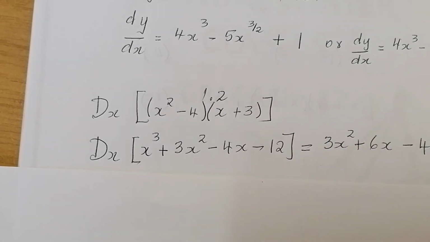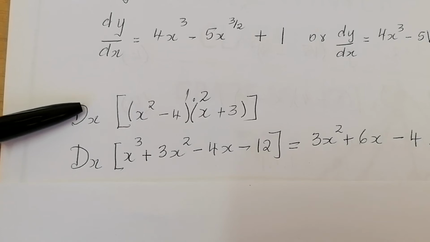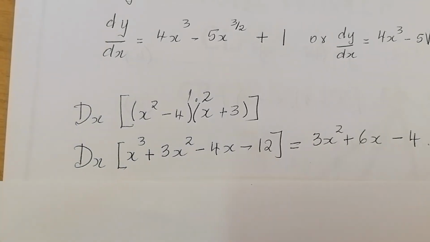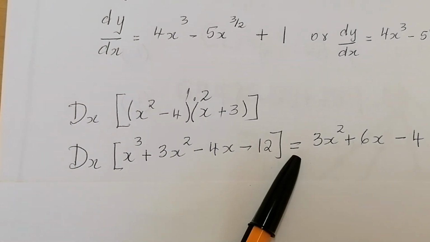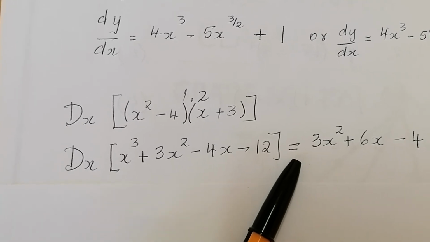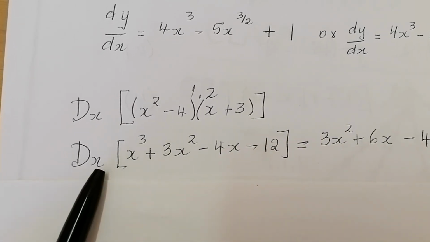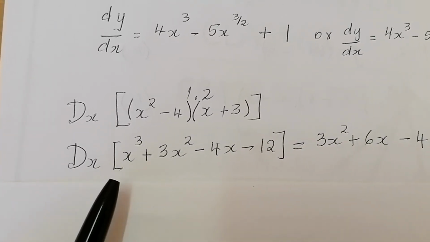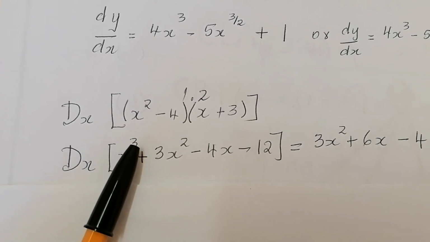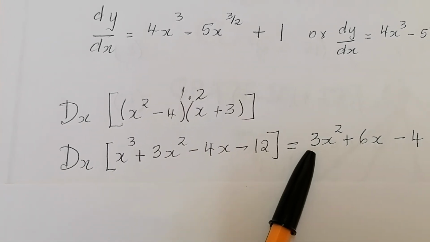And please note this. In this one, when I differentiate, I indicate it with this equal sign. This equal sign means that now I am differentiating this function with respect to x. Let's do that. It would be 3 times 1, which is 3.